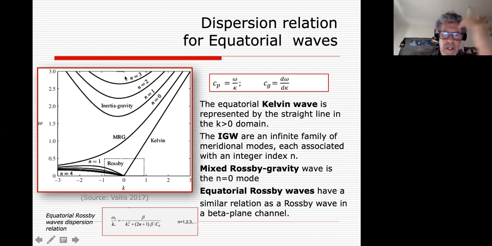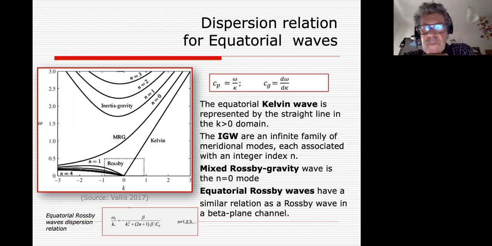There's a family of inertial gravity waves which are higher in omega and which cannot be related to Rossby or Kelvin, and they come from a solution of an equation which has an infinite number of solutions. It's a family of meridional modes, and every mode is associated to an integer index n.